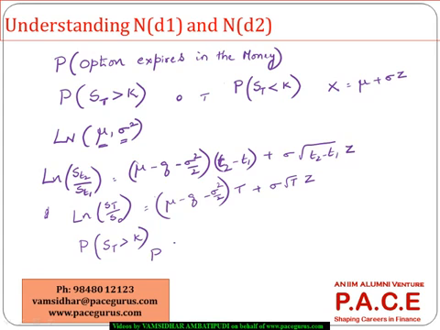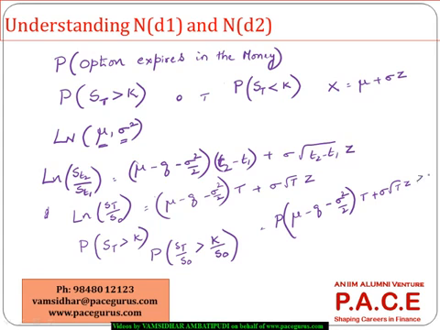So I can write the probability that S_T by S_0 is greater than K by S_0, dividing both sides by S_0. I know that this is the case, so I'll write it as the probability of mu minus q minus sigma squared by 2 times T plus sigma root T times Z greater than K by S_0.